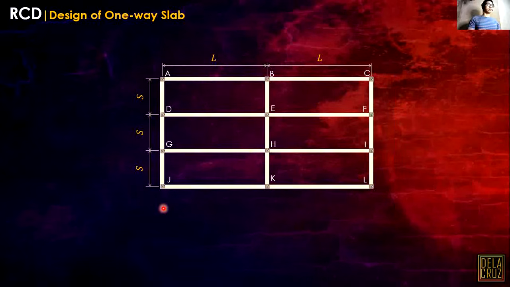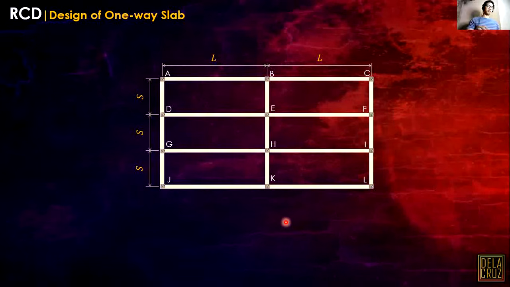Okay? So, as you can see kanina, one-way slab, theoretically, is a slab that will be supported on two spans lang. But in design, even though the slab is supported on the four sides, we have the rule of thumb if i-consider ba natin siya as one-way or two-way slab.